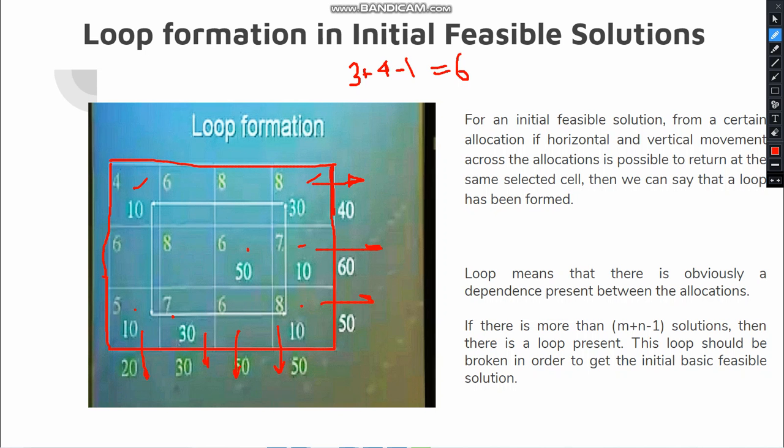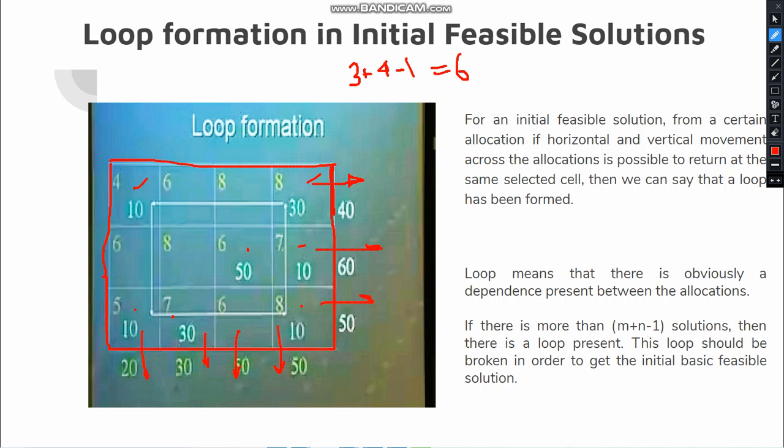Now when you find that there are more than m plus n minus 1 allocations, you have to understand there are some solutions which are dependent on each other. They are not independent of each other. In that case we can say there is a loop present in this solution. You have to find this loop.